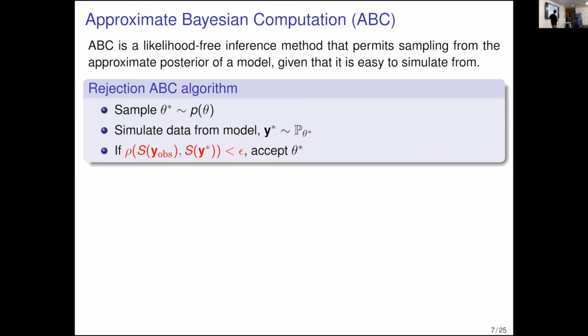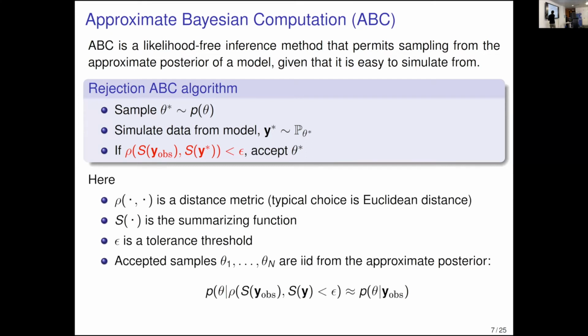Okay, so a simple rejection ABC algorithm goes in the following manner. You sample from the prior. You take one sample, and then you simulate data from your model. And then you compare summary statistics, because usually the data is high dimensional, so you cannot just compare the data sets themselves, but you compare some summary statistics of your observed data and your simulated data.